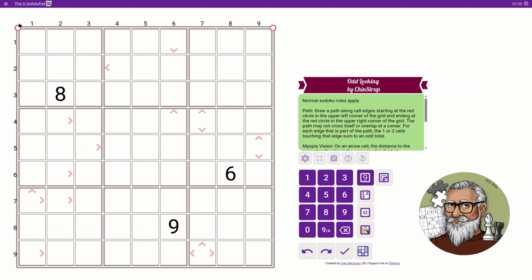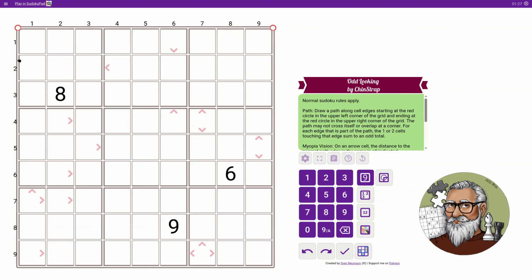The path may not cross itself or overlap at a corner. Overlap means it can't go up and come back down, or does it mean that it can't do this at a corner? Overlap, it has to go over, right? I guess. So we're not allowed to go to a corner and then come back, but sure.